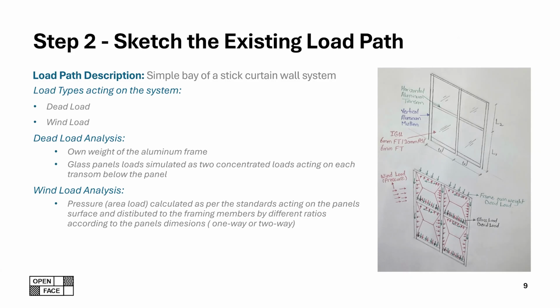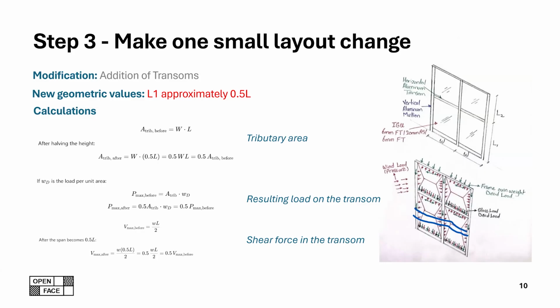Then if we have a look at step 3, here you have to propose a modification and then reassign the basic geometric values and do the calculations before and after. Here we see that your peer added a transom in the middle of the second part of the facade.